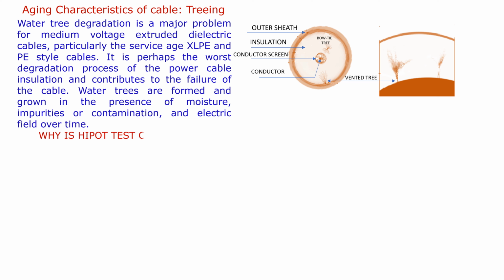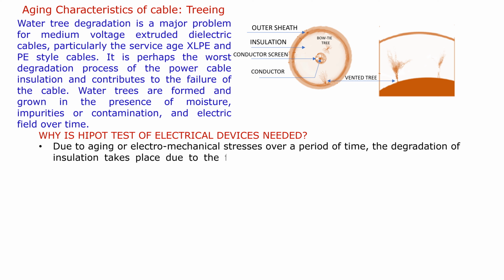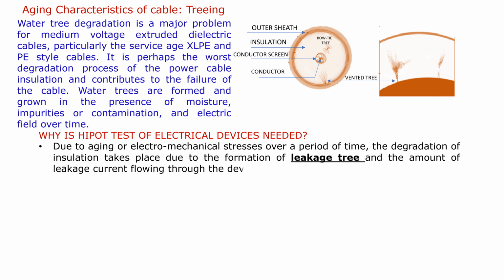Why is Hipot test of electrical device needed? Due to aging or electromechanical stresses over a period of time, the degradation of insulation takes place due to formation of leakage tree, and the amount of leakage current flowing through the device gradually increases.